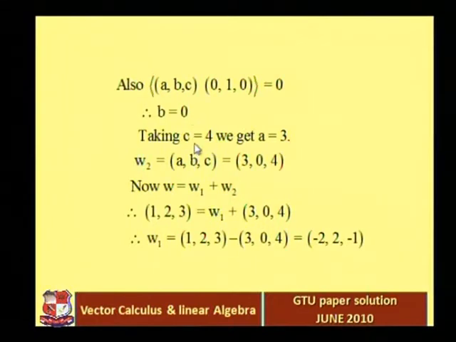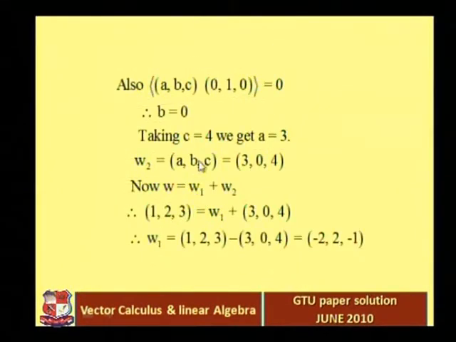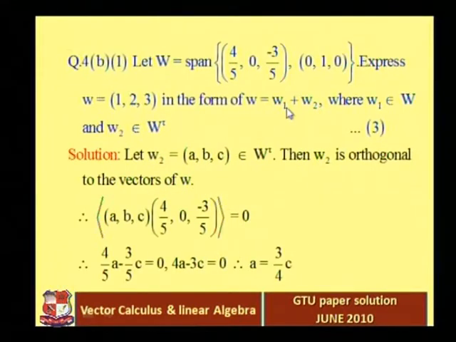Now, randomly taking c is equal to 4 in this equation, you get a is equal to 3. So W2 = (a, b, c) = (3, 0, 4). Now we have W = W1 + W2.